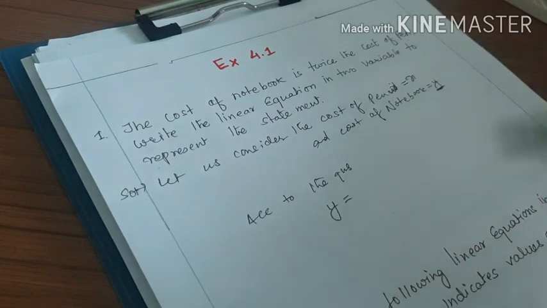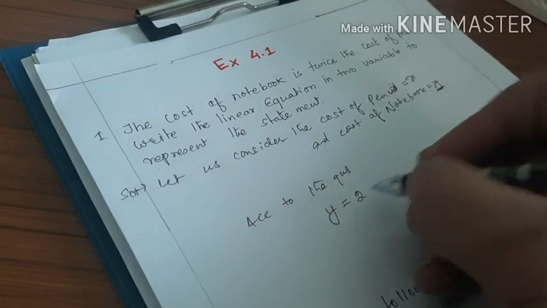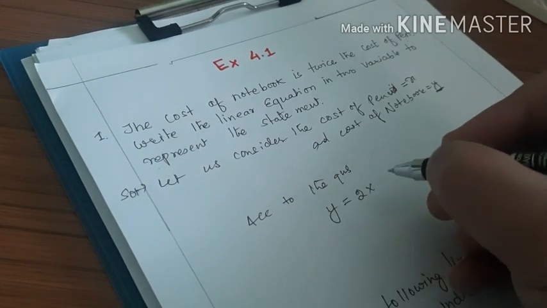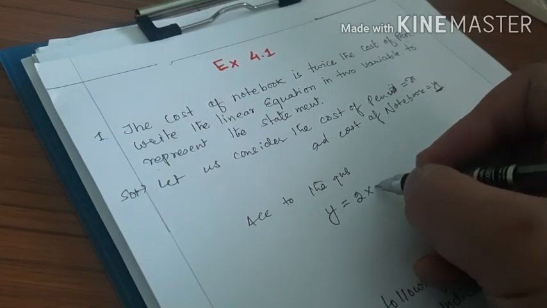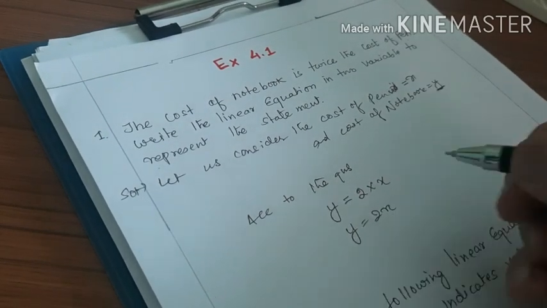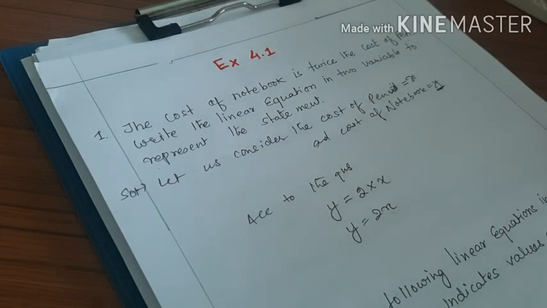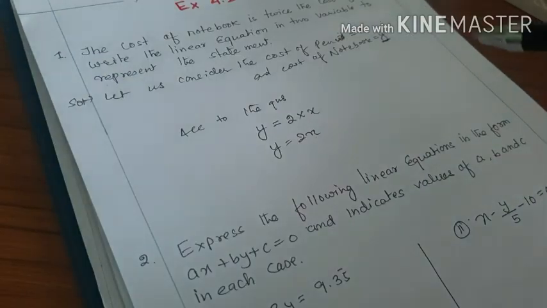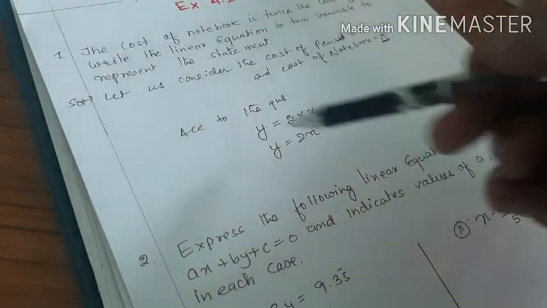The cost of notebook is equal to twice the cost of pen. Twice means two times the cost of pen, x. So it's y equals 2x. This is the representation of this statement.